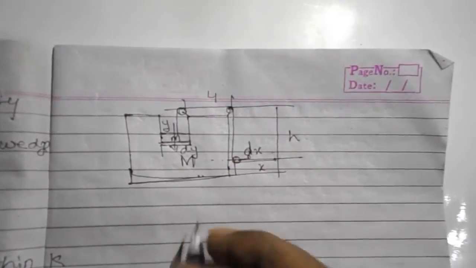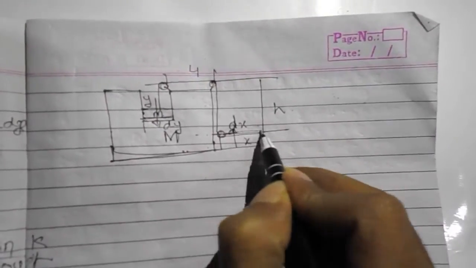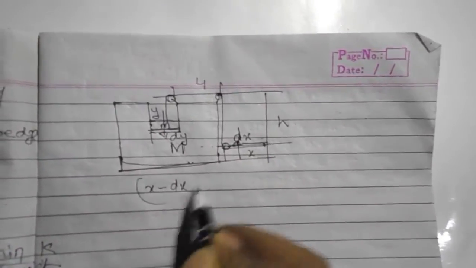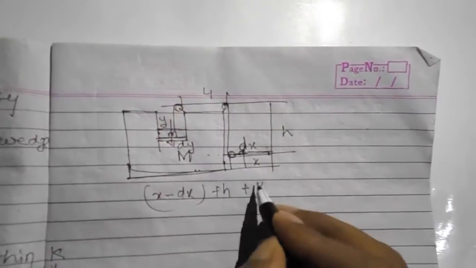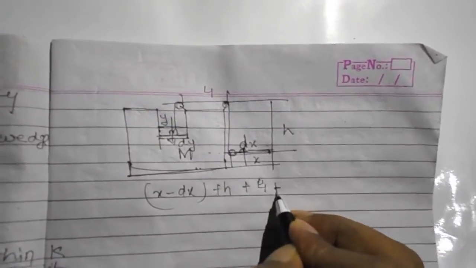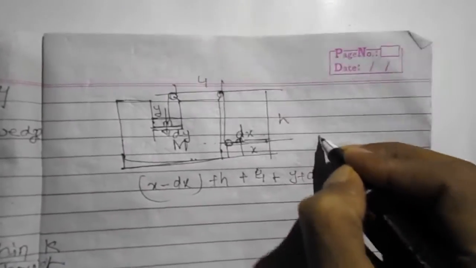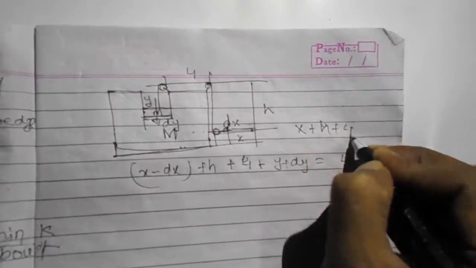So what is the new length? After some time it will be something like this, so this will be my new length. So x minus dx, then h plus L1 plus y plus dy should be equal to L. Initially, L is equal to x plus h plus L1 plus y.